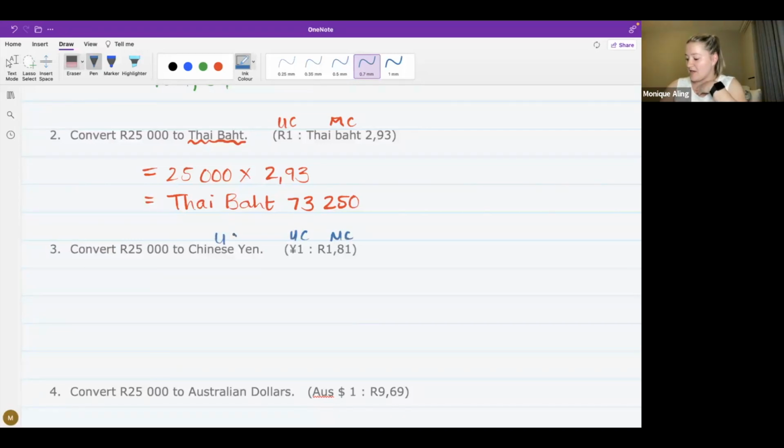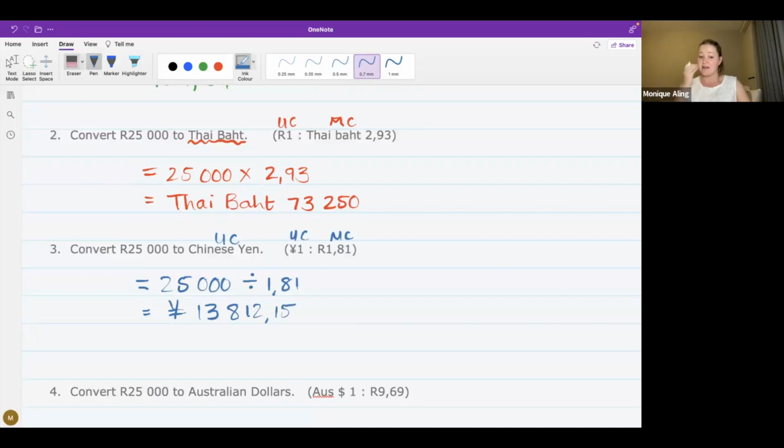They're wanting us to work out our unit currency. So we are taking the amount of 25,000 and we divide by the exchange rate. Don't forget in your working out to either write yen by your answer or try and copy the symbol.